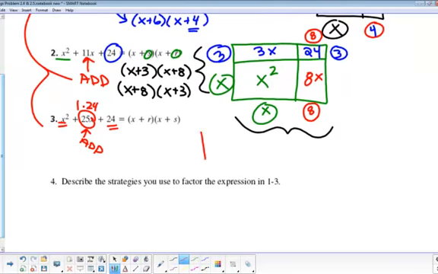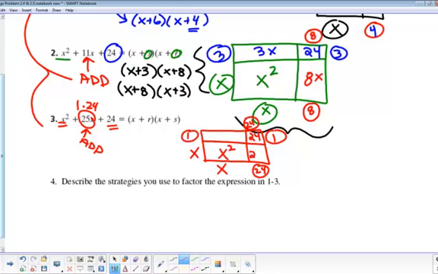So if I make my box, here's my 24, here's my x squared, and I know my solutions are 1 and 24, because again, that adds to give 25, the middle term, which is what I want. So my two factors are x plus 1 and x plus 24. That's my factored form from this expanded form problem.